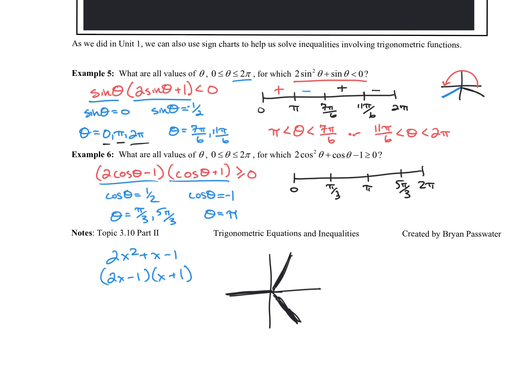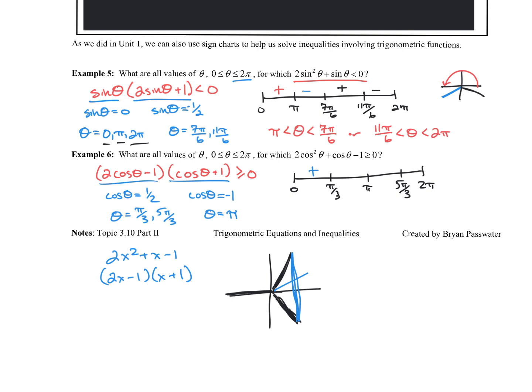If it's in between 0 and pi over 3, my x is going to be bigger than that 1/2. So if I substitute in, this part is going to be positive, because it's bigger than the 1/2. So 2 times more than 1/2 minus 1 is greater than 0, and that's positive. This part is a positive x, so it's positive. So between 0 and pi over 3, I'm going to have a positive.